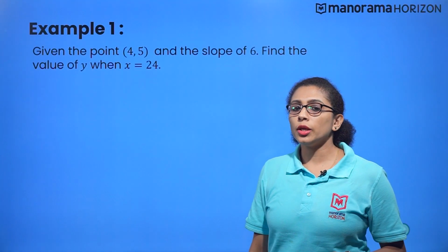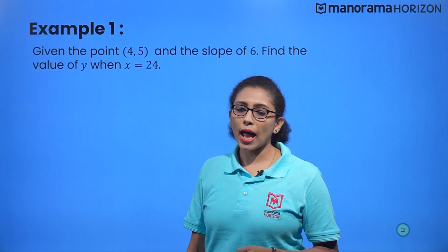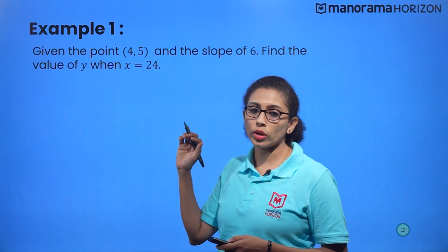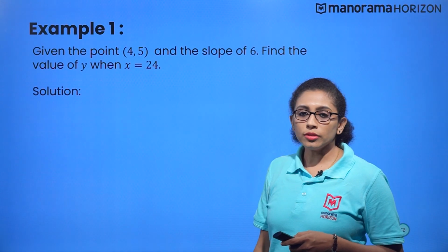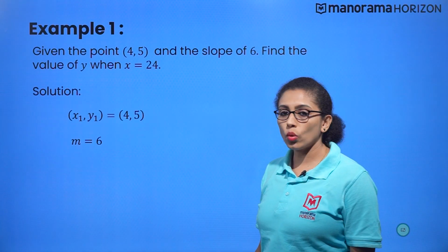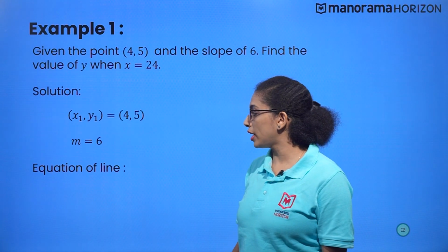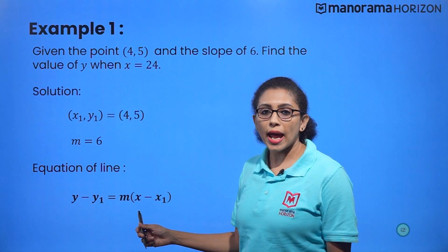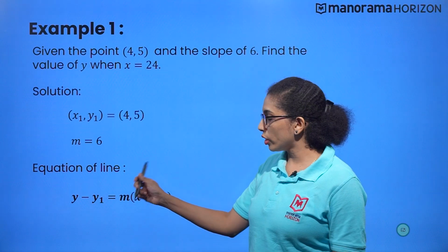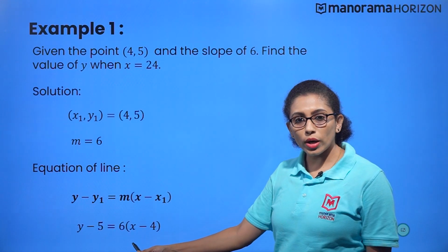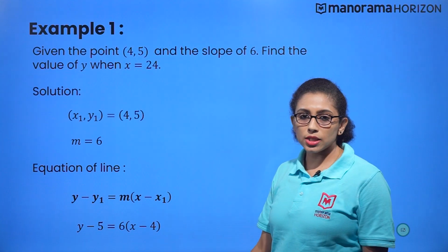Example 1. Given the point 4, 5 and the slope of 6, find the value of y when x is equal to 24. Let's see the solution. Given x1, y1 is equal to 4, 5, m is equal to 6. Now the equation of a line is given by y minus y1 is equal to m into x minus x1. Substituting the values, we get y minus 5 is equal to 6 times x minus 4.